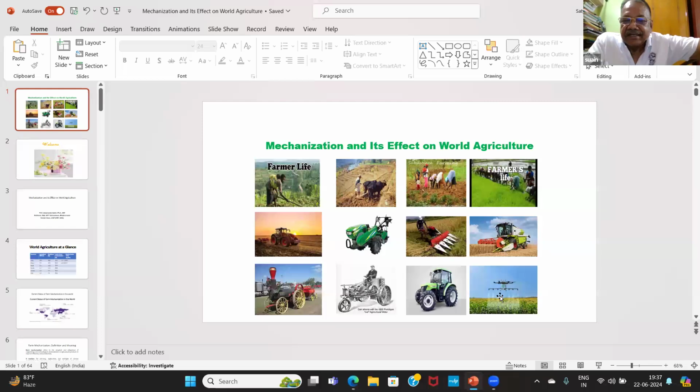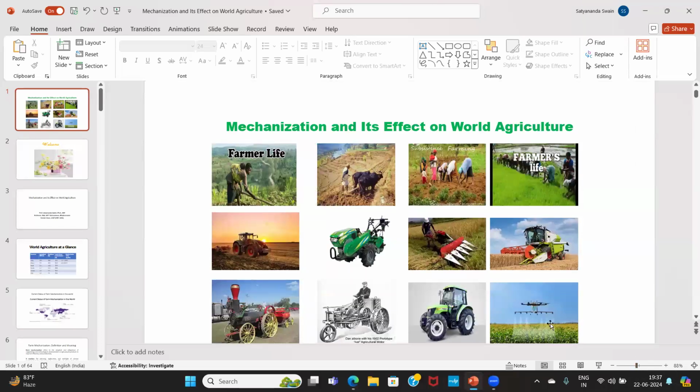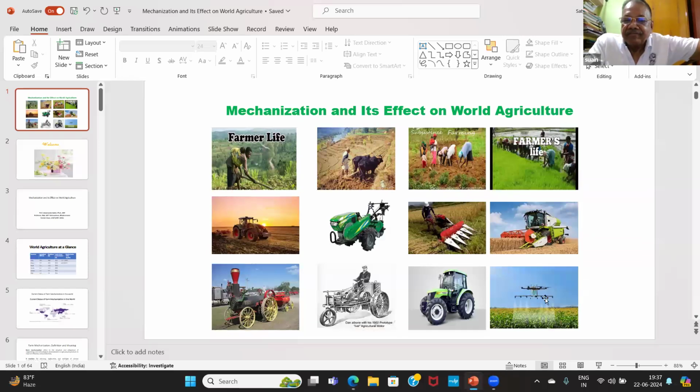And the latest trend is the drone. You see the drone here. It is a very important item for improving agriculture to a large extent through efficiency and high productivity. I will discuss this later on.